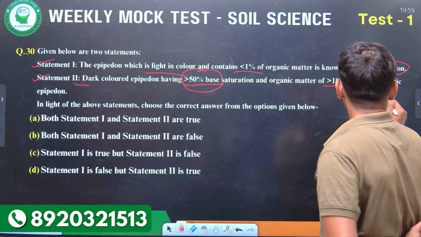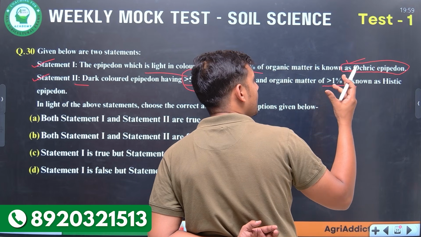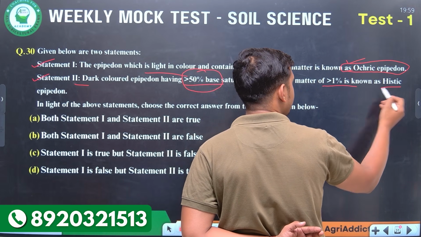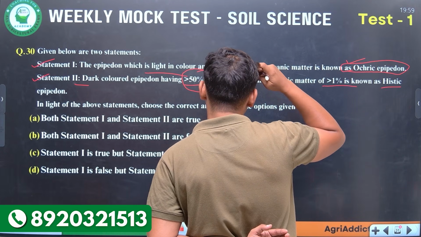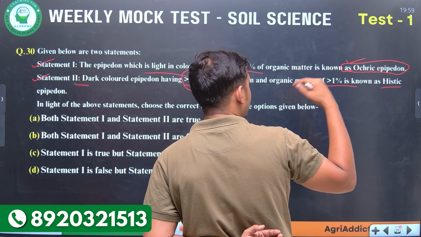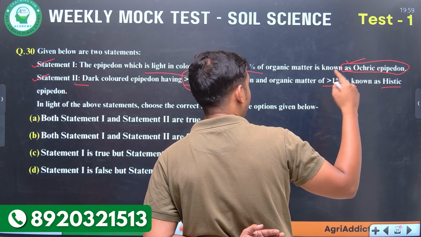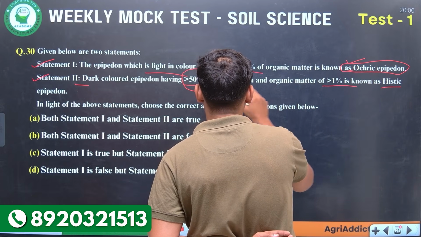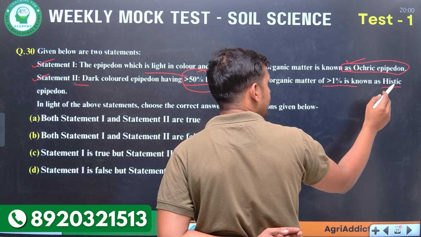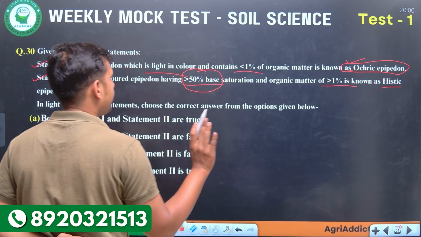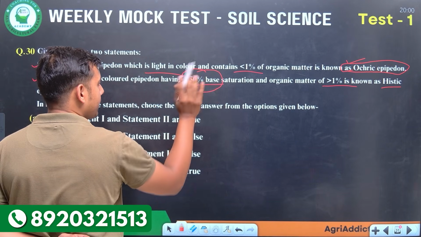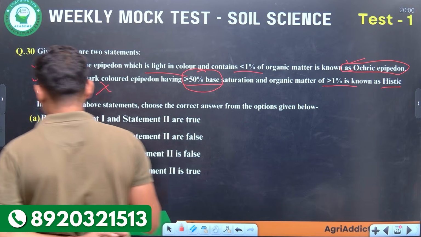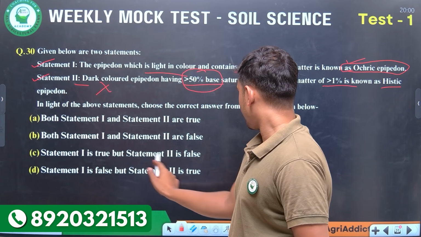The primary characteristic of histic is that it can be saturated for more than 30 days, but the base saturation of histic epipedon will be less than 50%. If more than 50% is there, it should be mollic epipedon. So the answer will be statement 1 is true and statement 2 is false.